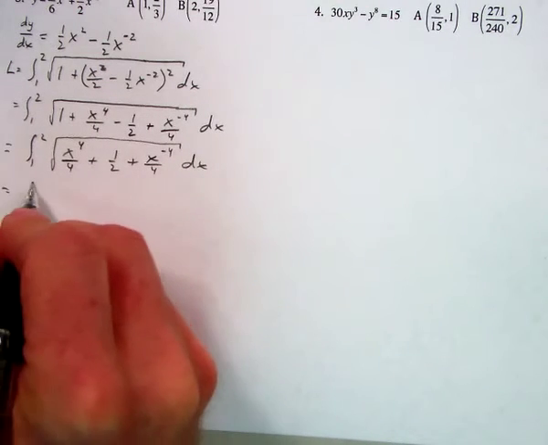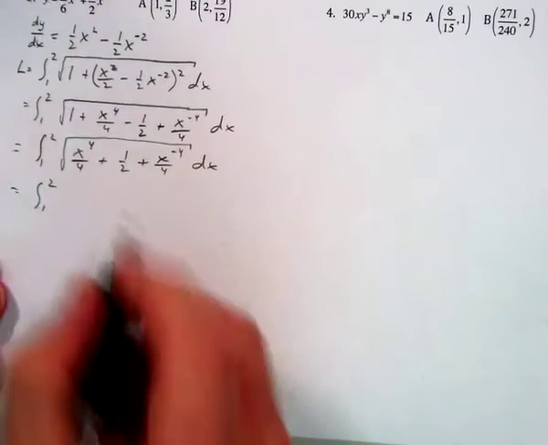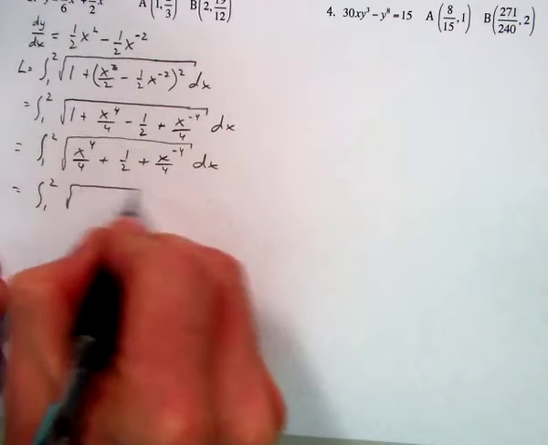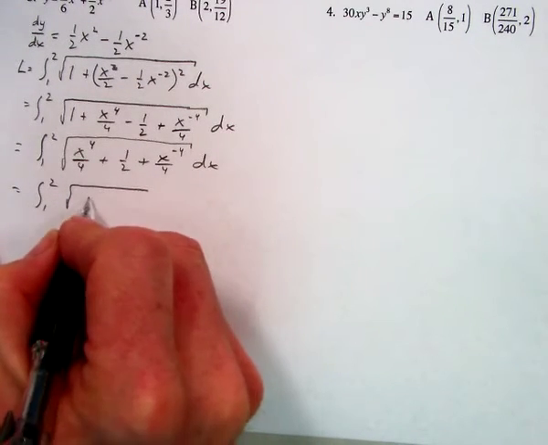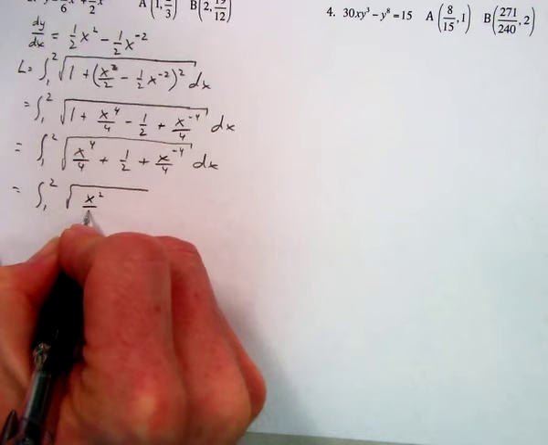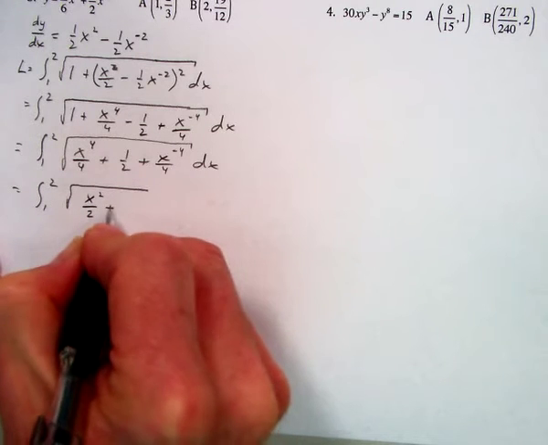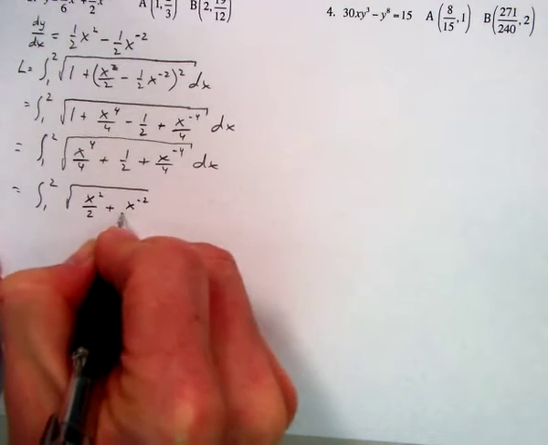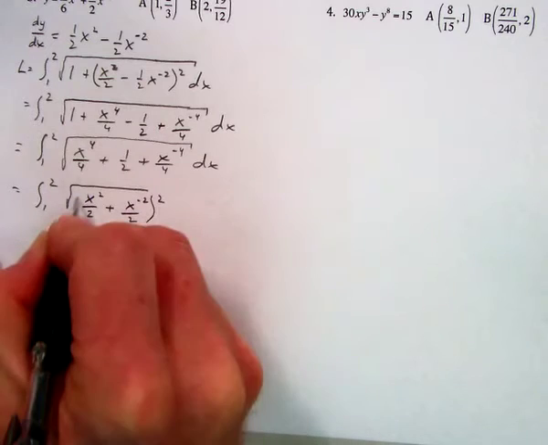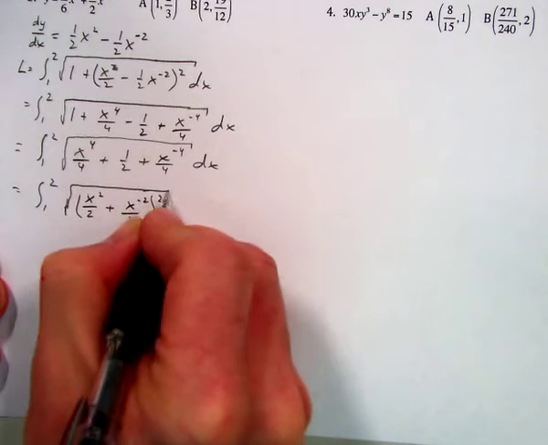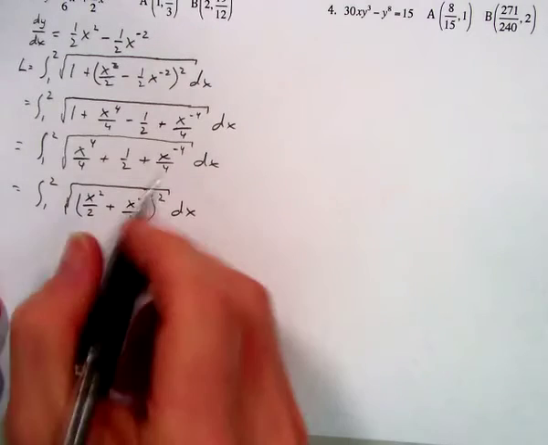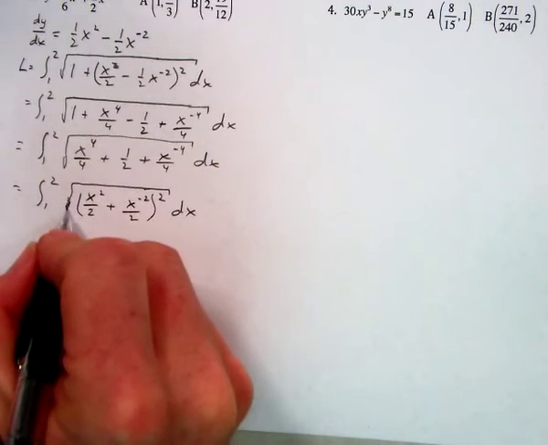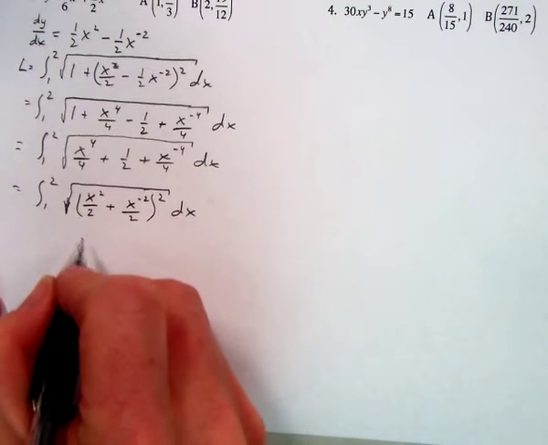So that is just going to be the square root of the exact same thing we had before, x squared over 2, but this time it's going to be plus x to the negative 2 over 2, quantity squared, dx.